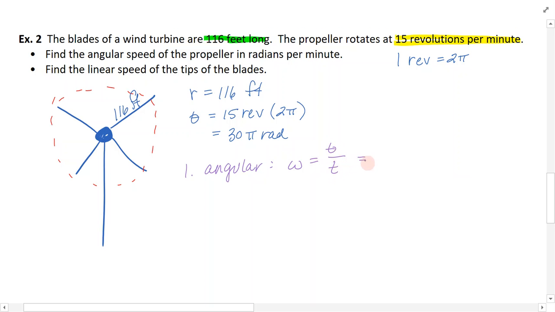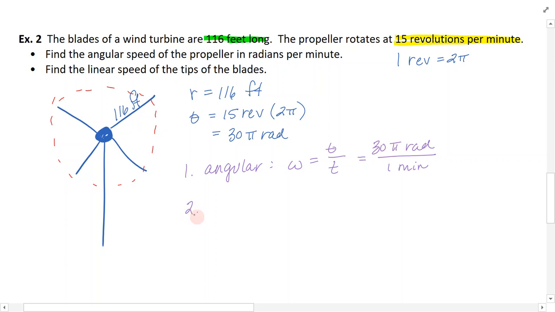Now we said that theta was 30 pi radians per minute. So there you go. That's our angular speed, 30 pi radians per minute. And that's the exact measure, in other words. The decimal measure would be if you multiplied 30 times pi, and then you would have the decimal value.